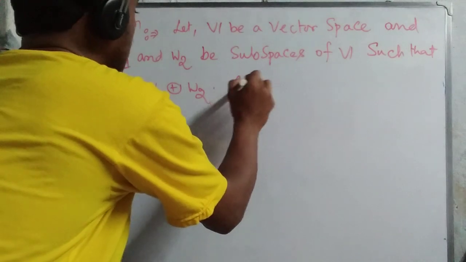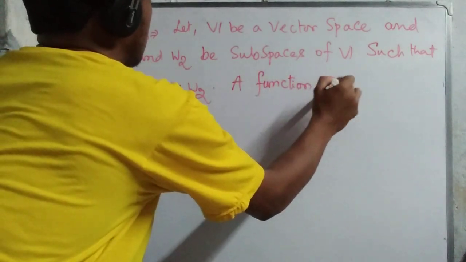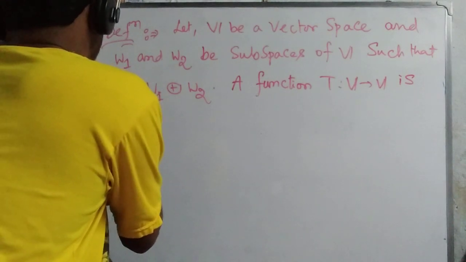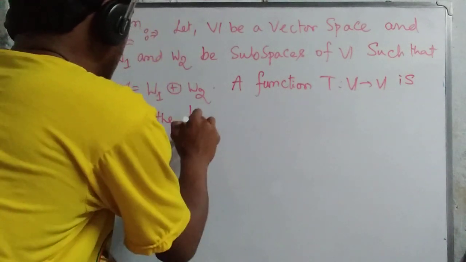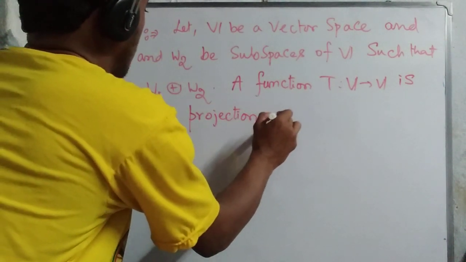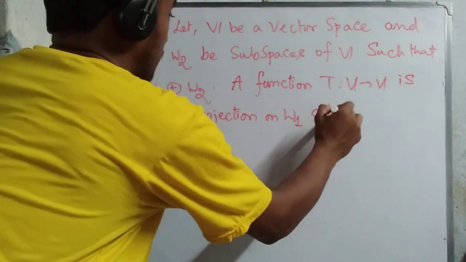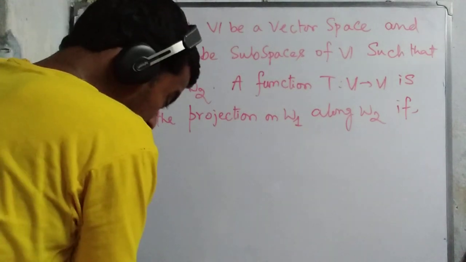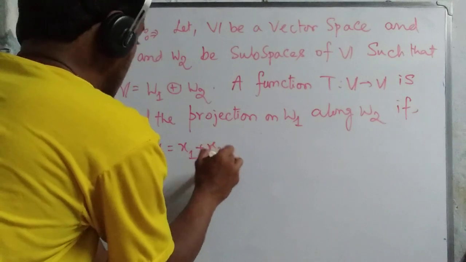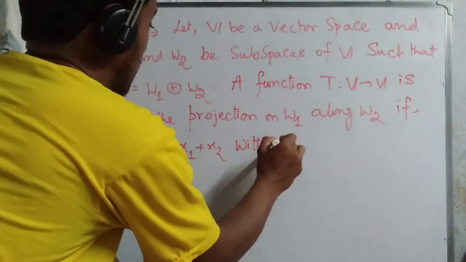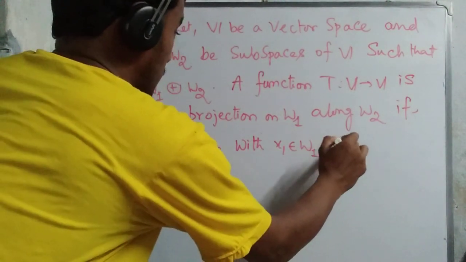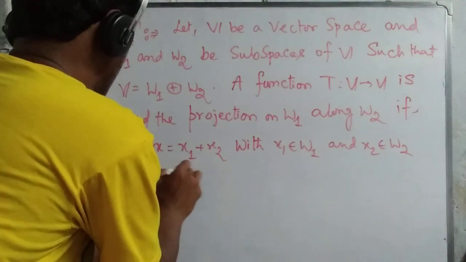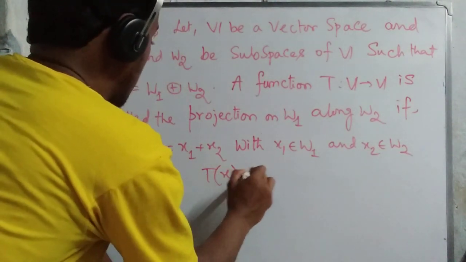A function T: V to V is called the projection on W1 along W2 if for x equal to x1 plus x2, with x1 belongs to W1 and x2 belongs to W2, we have Tx equal to x1.